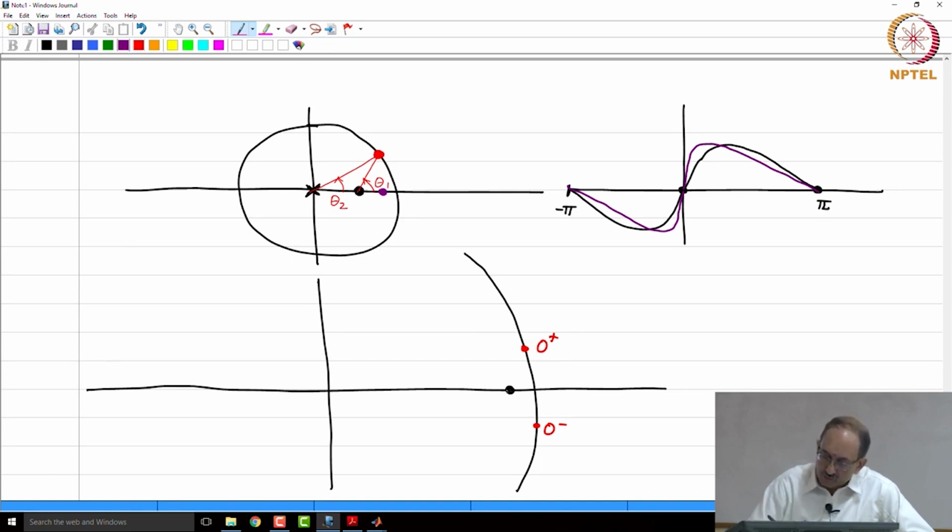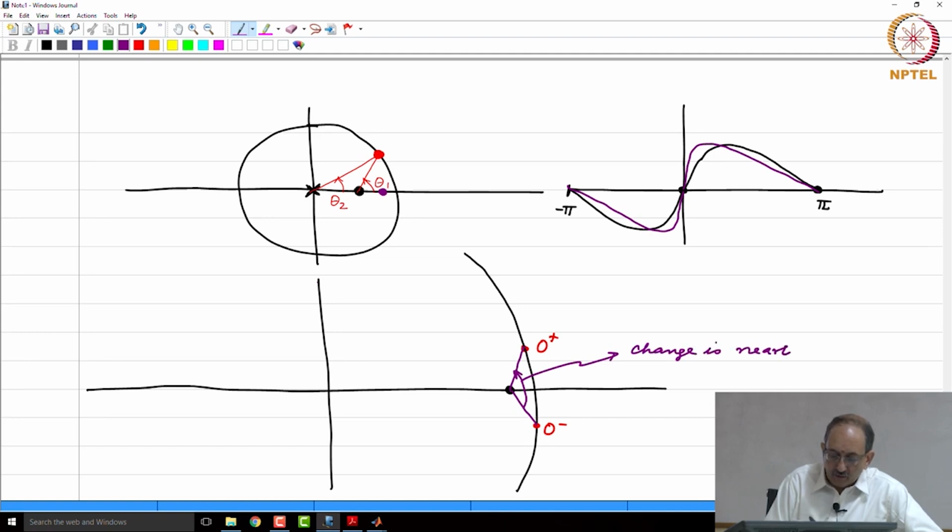And you can see that at 0 minus, this is the angle subtended by this 0. At 0 plus, this is the angle. And when I go from 0 minus to 0 plus, the change is nearly pi.